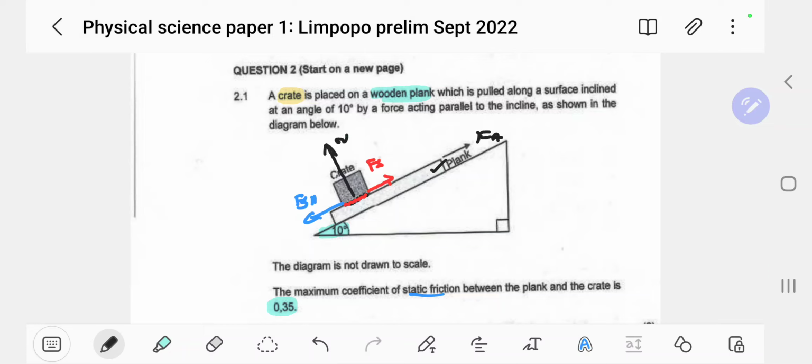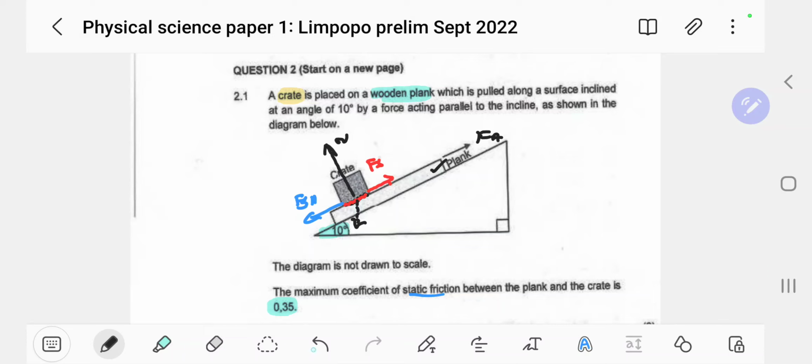You can do that, but I think the safest is just to show the force of gravity directed down like that. Show the frictional force and the normal force. We forget about these components. But if you want to do components, then you forget about that force of gravity, and we focus on this one and say this is going to be FG perpendicular.